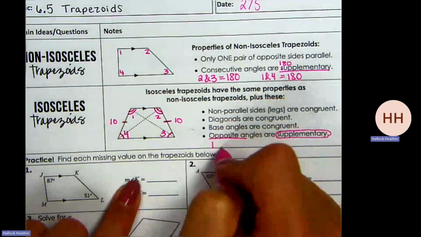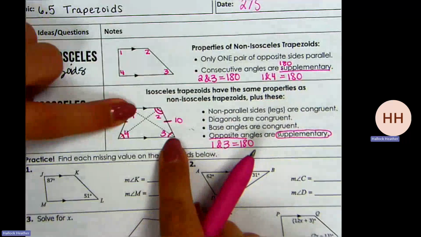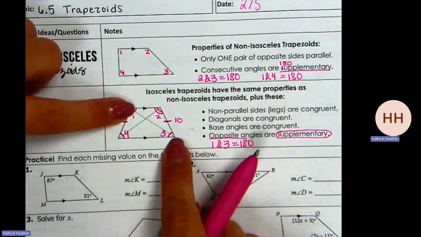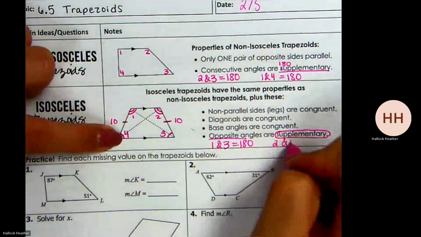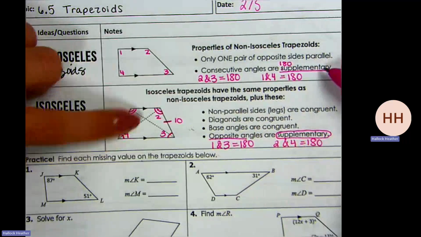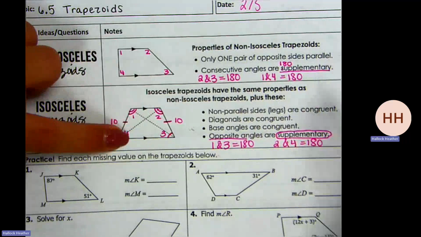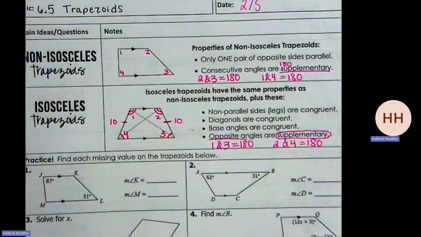So 1 and 3 equal 180. I could jump across and add to make 180. That's only for isosceles. And then 2 and 4 add to make 180. So you could do consecutive, same side, like 2 and 3, 1 and 4. You could also jump across: 1 and 3 add to make 180, 2 and 4 add to make 180.